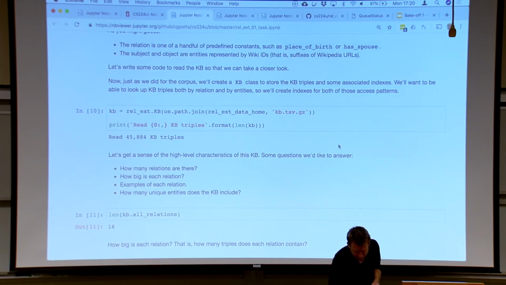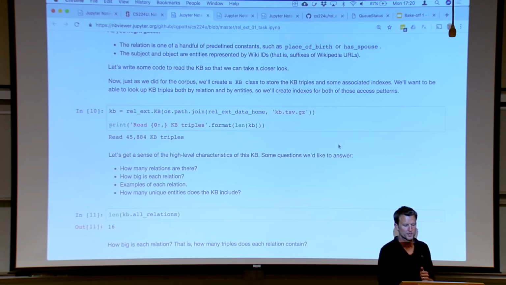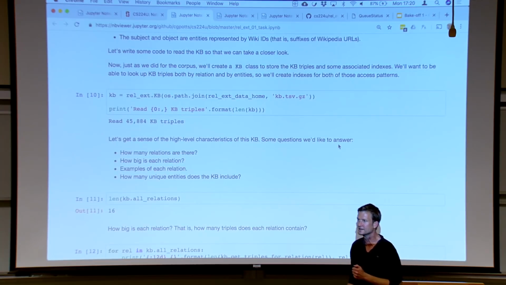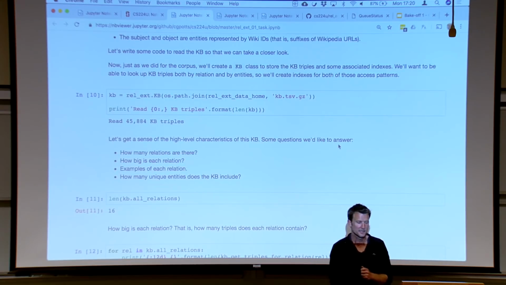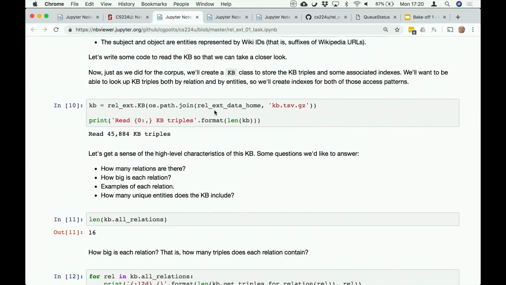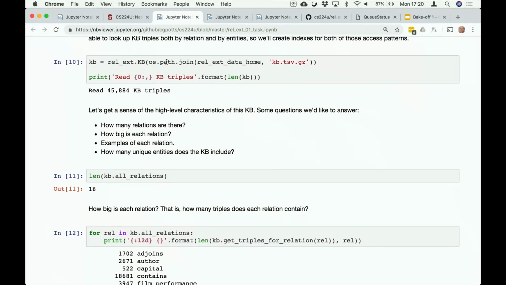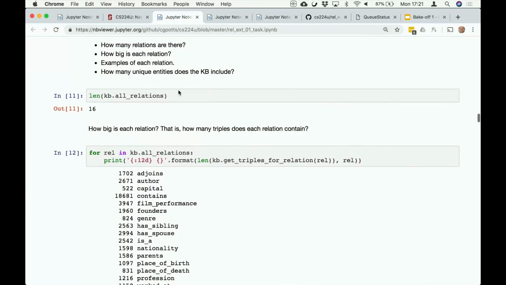Just like we did for the corpus, we should do some data exploration and see what this data actually looks like. So here's a line of code to load the KB into memory, and then we can start poking around. There are 46,000 KB triples here. That's great. That seems like a fair amount to work with.